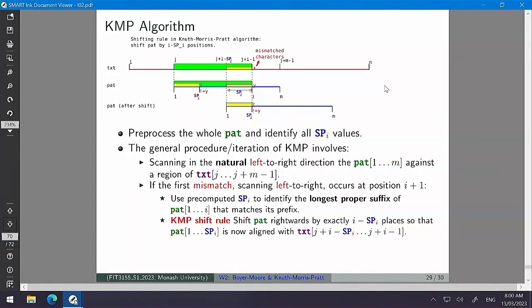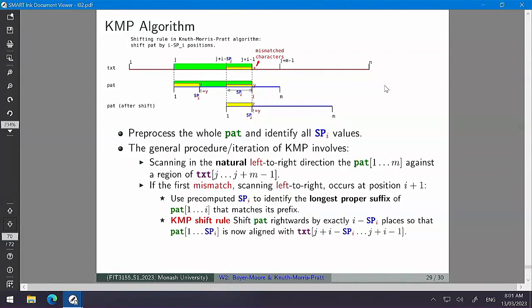So the idea is that if you have a text, so we are doing KMP, Knuth, Morris, Pratt. In some intermediate iteration, you've aligned J, so you're essentially trying to say, is there a match at position J in the text with the pattern 1 to M?